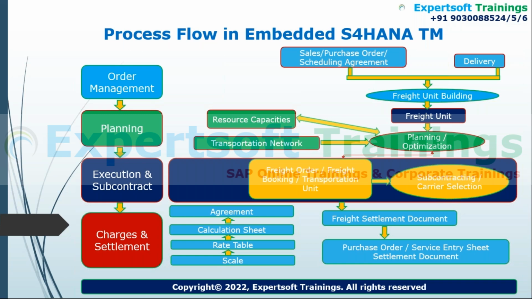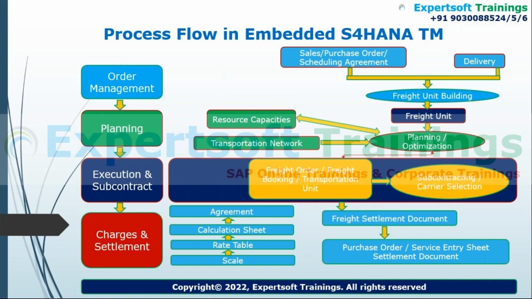Now, the movement of the cargo from source to destination can happen through multiple modes of transport. That is number one. And it can also happen based on the availability of resource. When I say availability of resource, it means you need either a truck or a rail car or a vessel or a ship or a flight or a postal service to move the transport, right?